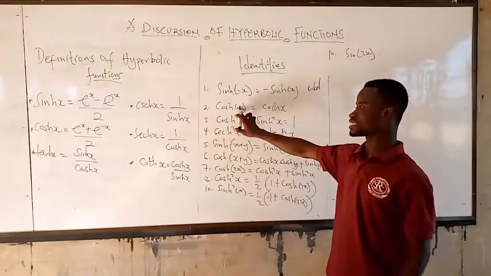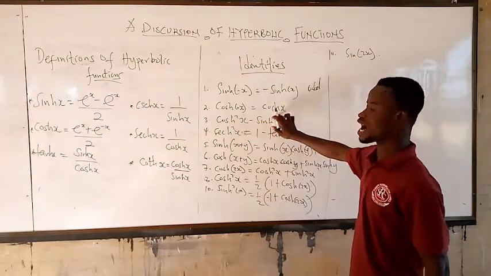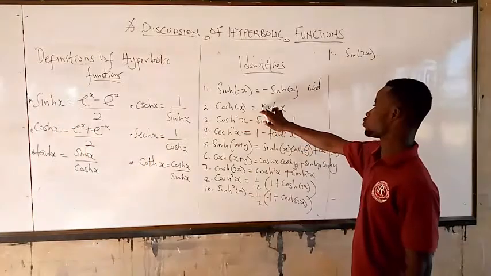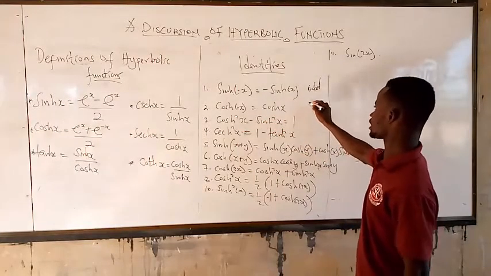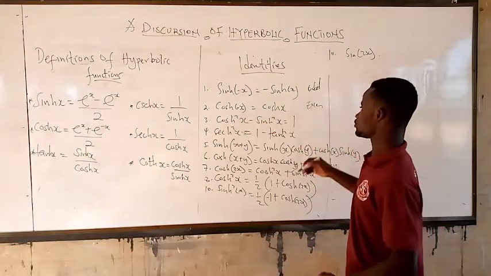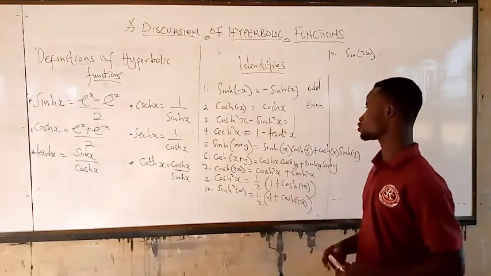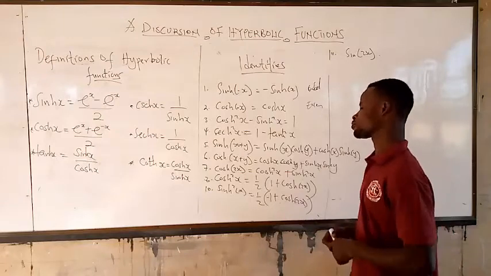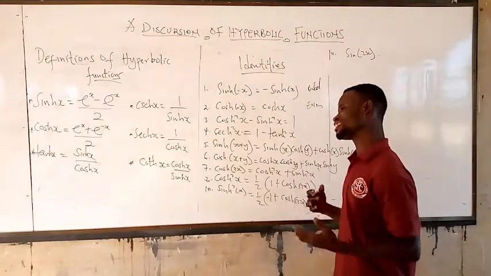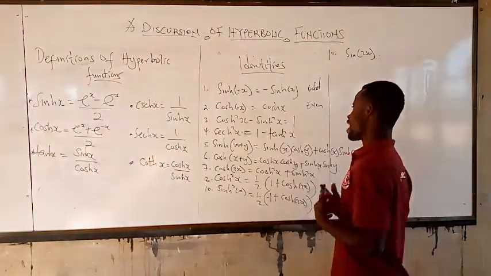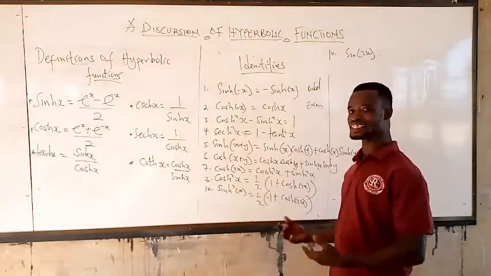When you plug in a negative value into cosh, you get the positive of your result, and this is even. It doesn't matter whether the value is negative or positive, you are going to get a positive.